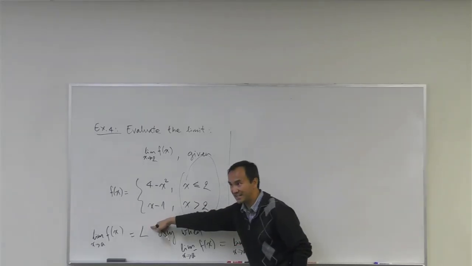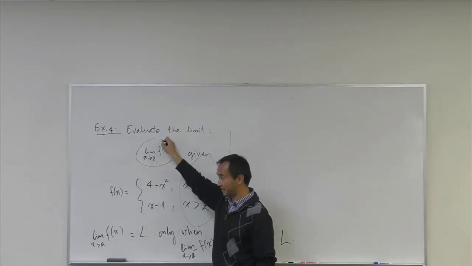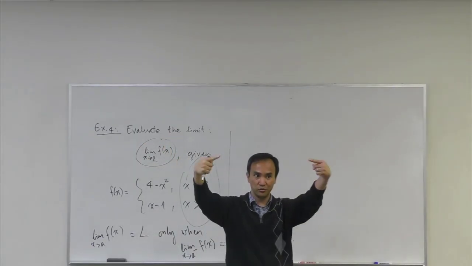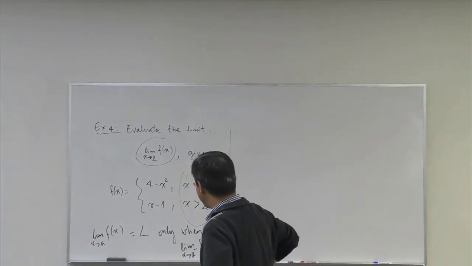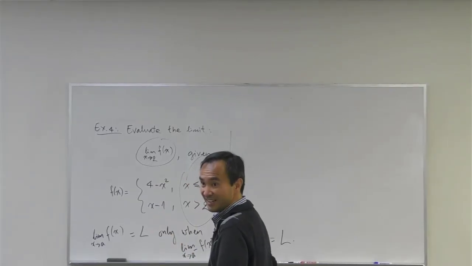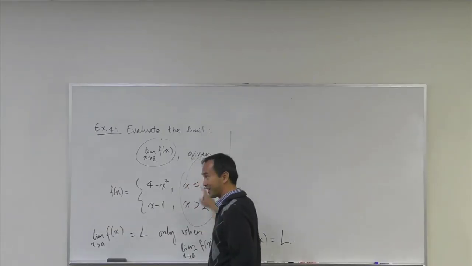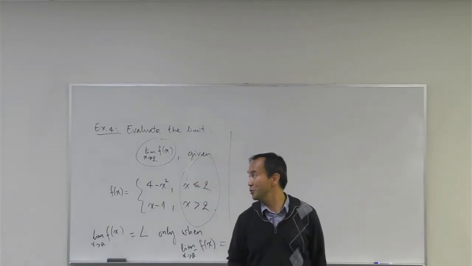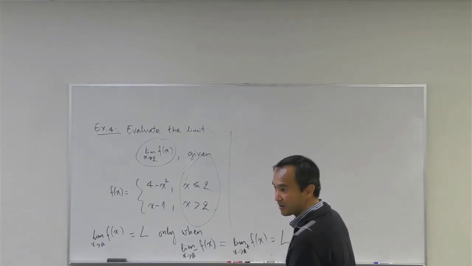That's how you can make the conclusion. So our goal is to find that general limit where x comes close to 2 from both sides. We need to bring in this strategy because our function is broken up into two separate pieces, with different behavior on the left-hand side and on the right-hand side of our x equals 2 limit point.